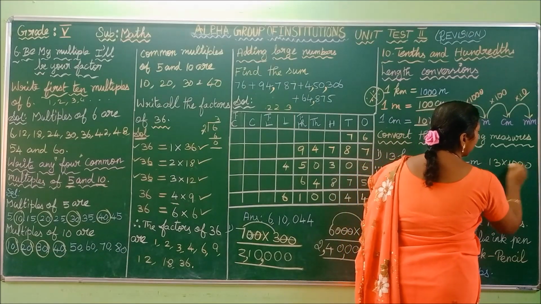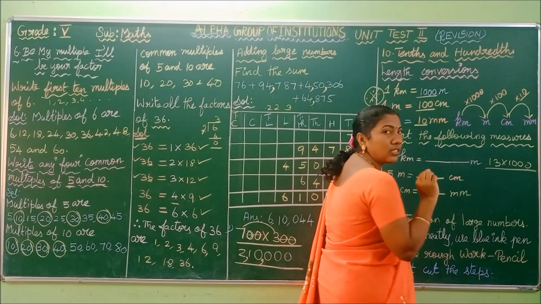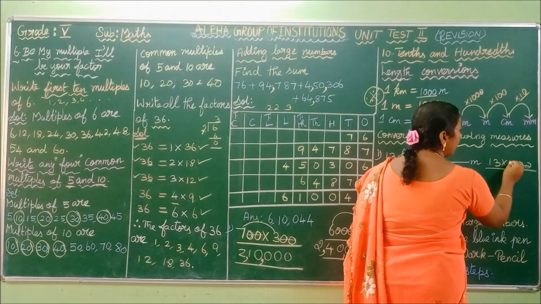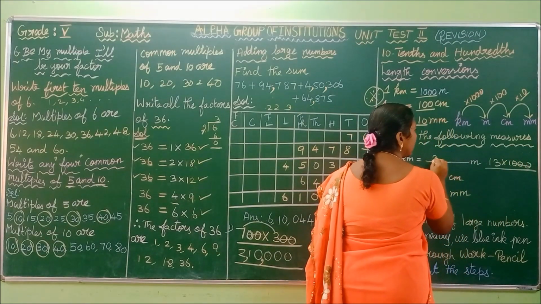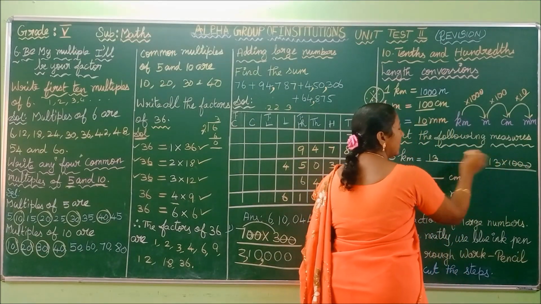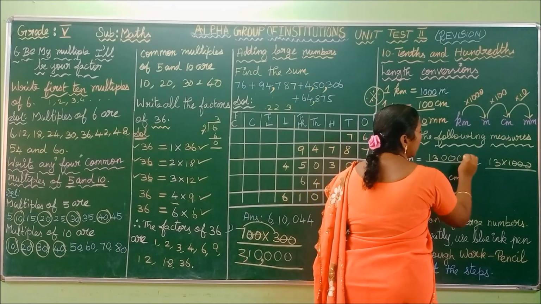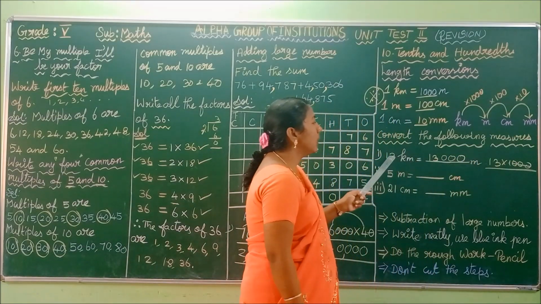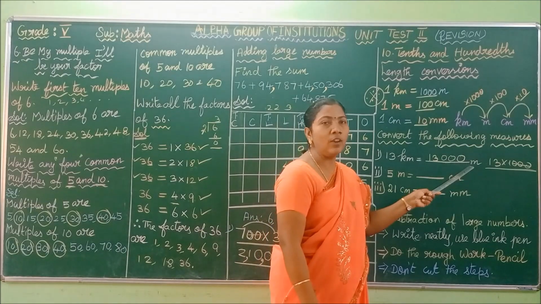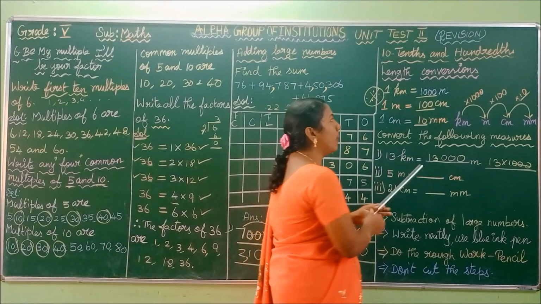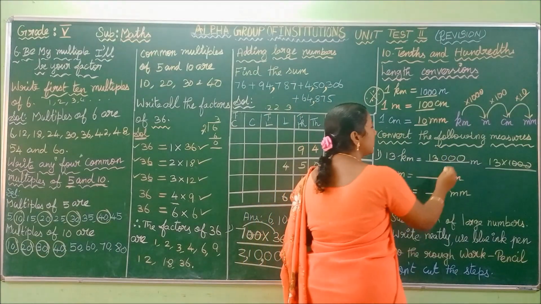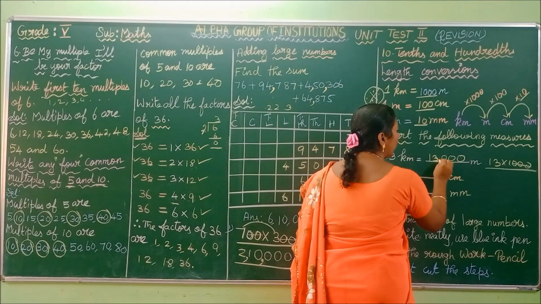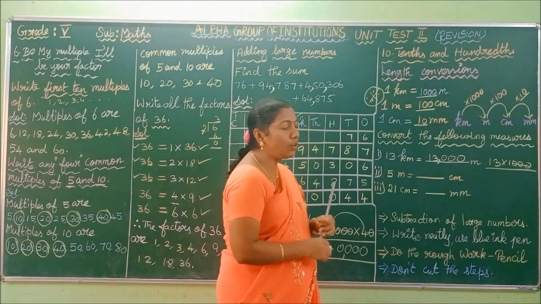What is your answer? How can you multiply? You have to first strike out the 0s and then multiply the values. 1 3s are 3, 1 1 is 1, and then add 3 zeros. Thus we have converted the kilometer into meter by multiplying the given value by 1000. After the 3 digits you have to place the comma. Do you understand, children? Okay.